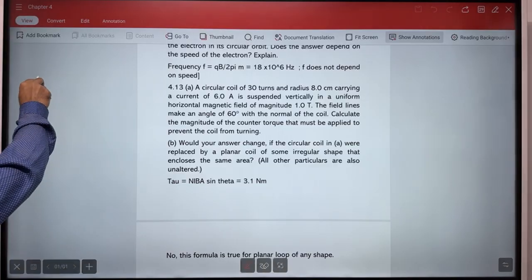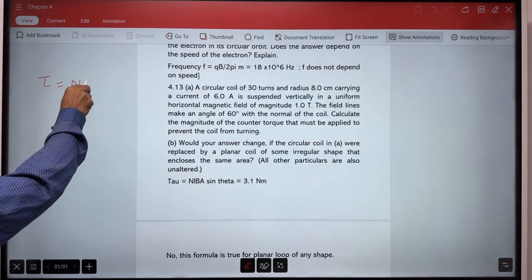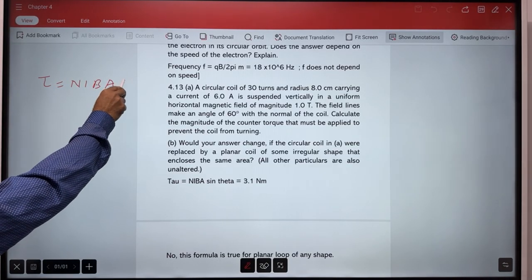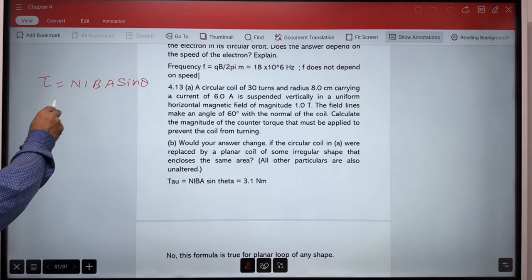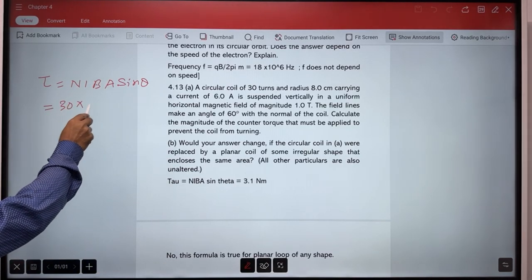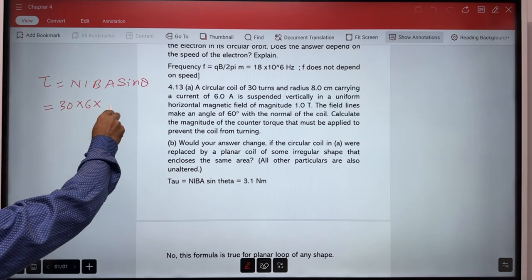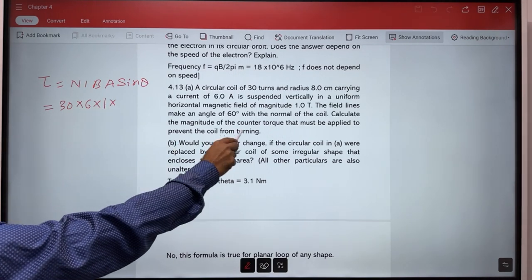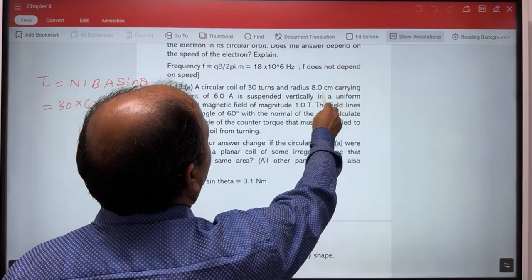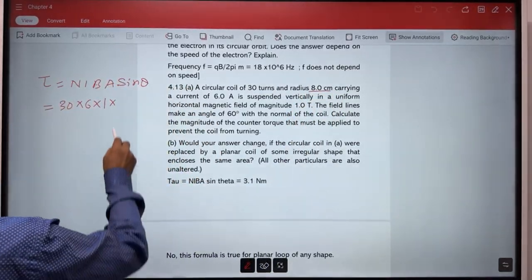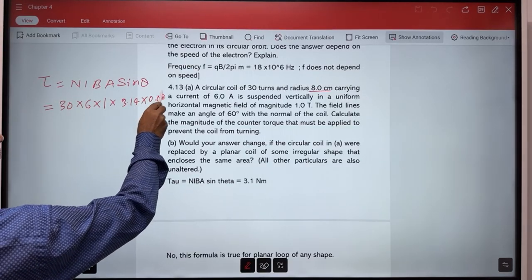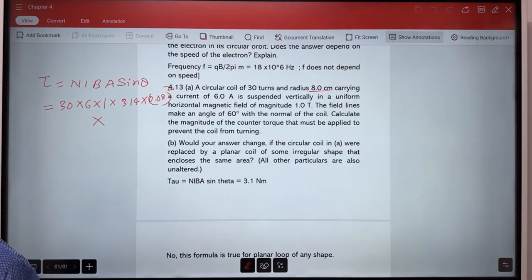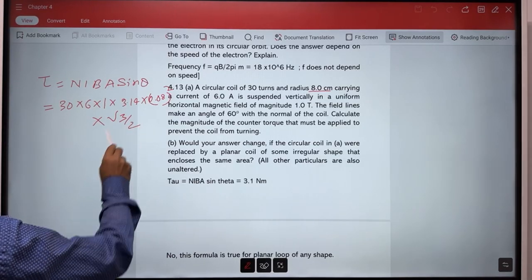So torque is NIBA sin theta. Here we are given the values. N is 30, current is given as 6, magnetic field is given as 1, and the area of the loop, where the radius is given as 8 centimeter, we can write as 3.14 into 0.08 whole square, into sin theta, sin 60, root 3 by 2.